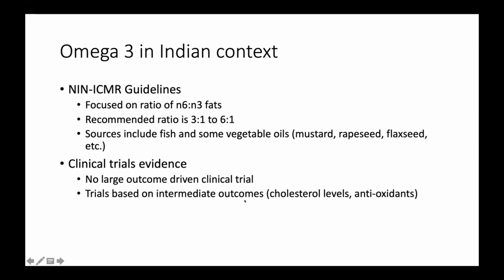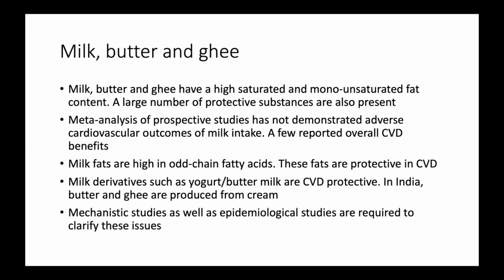We have good data about fish intake and the reduction in cardiovascular mortality, but we don't have sufficient data about the use of flaxseed, mustard, or rapeseed, which are good sources of omega-3 fatty acid, and the change in cardiovascular incidence or mortality.